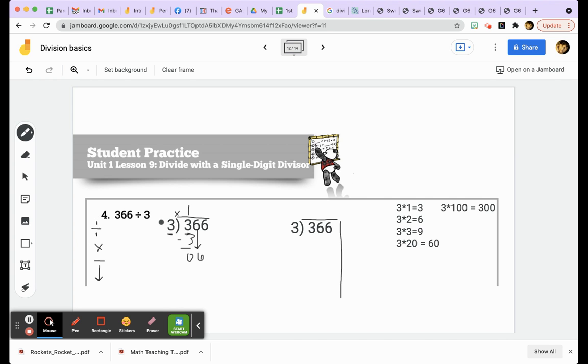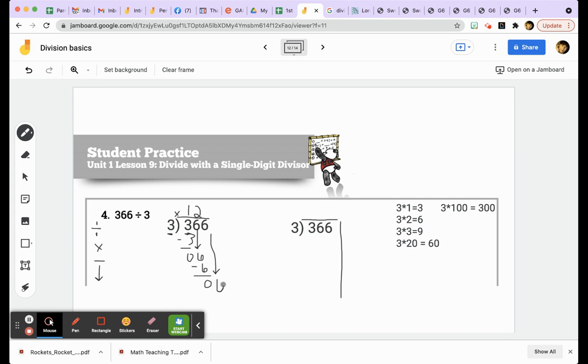I'm going to divide. 3 will go into 6 2 times. 2 times 3, I multiply back. 2 times 3 is 6. After I multiply back, I subtract. 6 subtract 6 is 0. Bring down the next number.